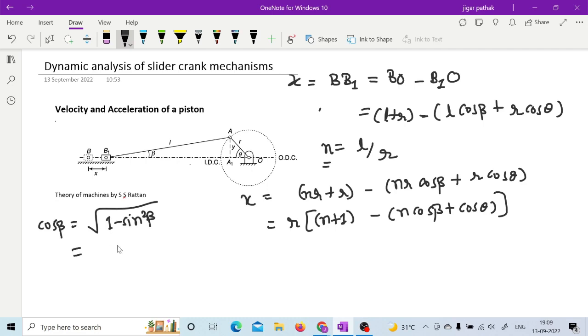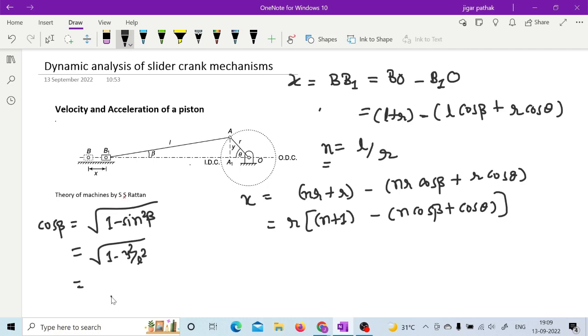Now if you see the figure clearly, sine beta in the triangle A1B1 is given by y by L. So you can write 1 minus y square by L square from the figure, right? Now if you see the triangle AOA1, y can also be represented as r sine theta.